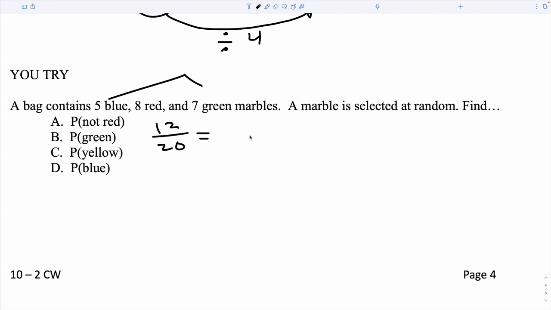And give me a decimal and percent after the fraction. 5 and 7 are the only 2 that are not red. So the probability of not red would be either of them.